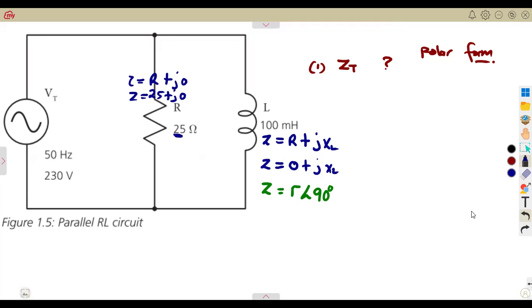The resistance is 25. But remember, this can be written in polar form. There is no angle there. So our Z is simply the 25 that we are given at an angle of 0 degrees. For a purely resistive one, we can simplify it.